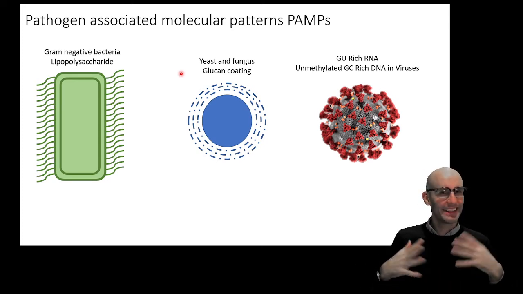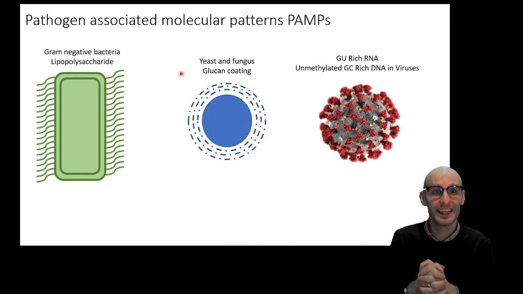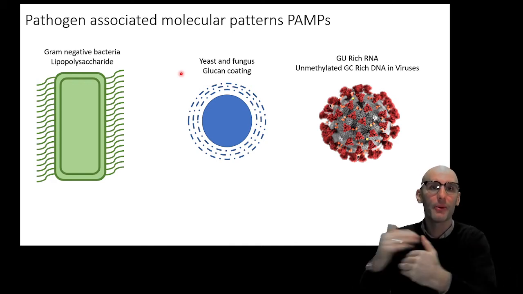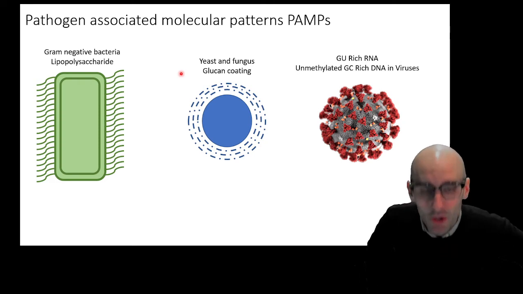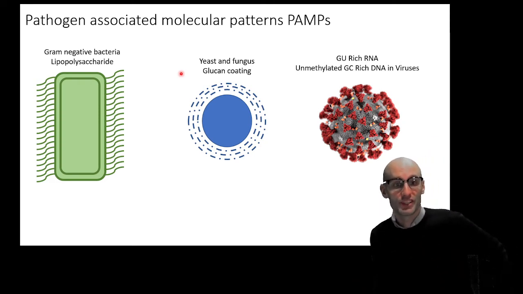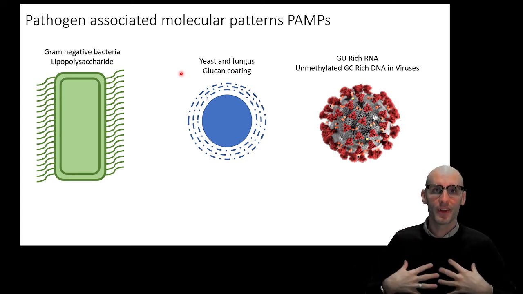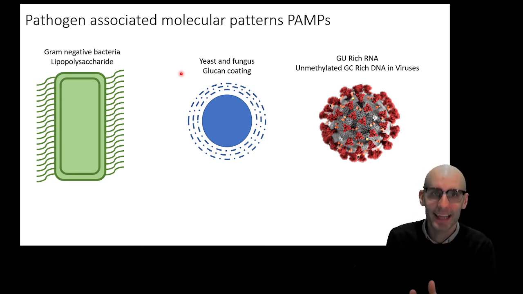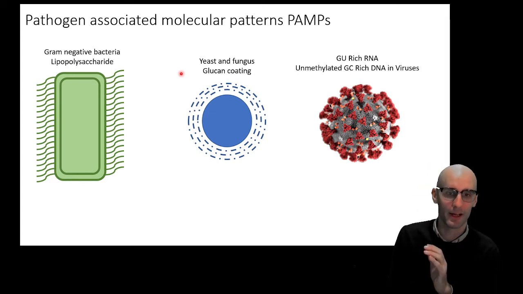And so it's an interesting question: have we evolved to avoid putting GUs and GCs in our genome to allow us to detect the difference between our genome and their genome? They have a much higher proportion of GU and GC in their genome, and so we have developed the ability to detect those because that's unique to their biology over our biology.